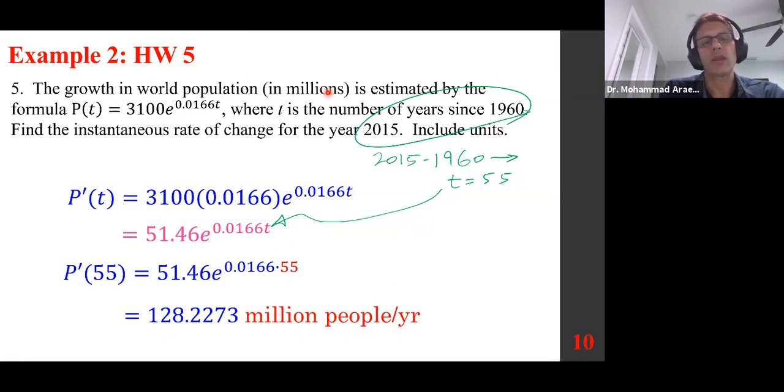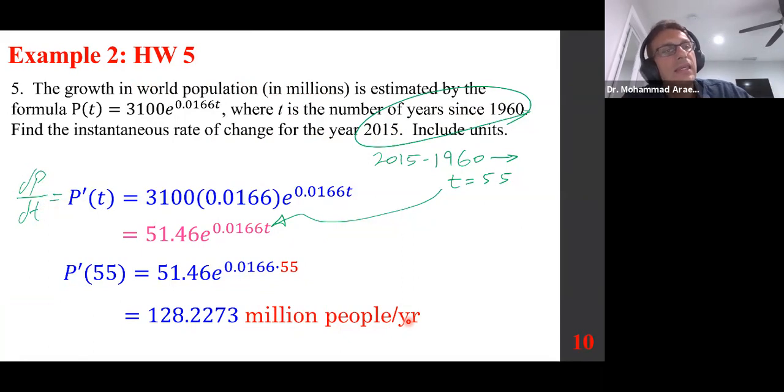Why millions of people? Let's go back to this. That's why. And also, let's rewrite this actually as dP/dt. The reason I want you to see it in this format is because I want you to be very comfortable as to how we arrive at the units: the change in population, millions of people, over the units of time, whatever that happened to be, okay, that means years, right? So million people per year. What does it mean?